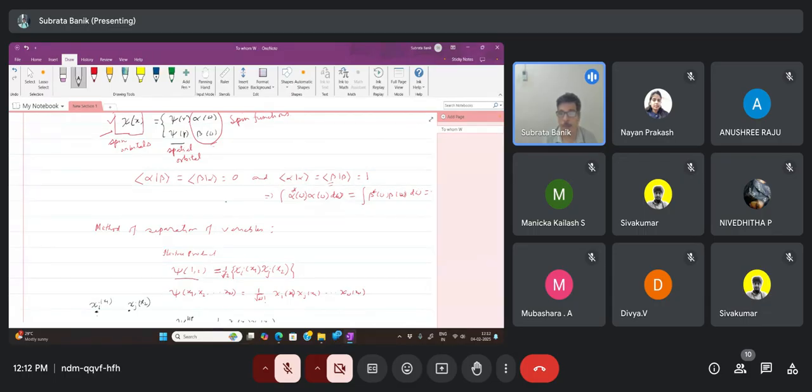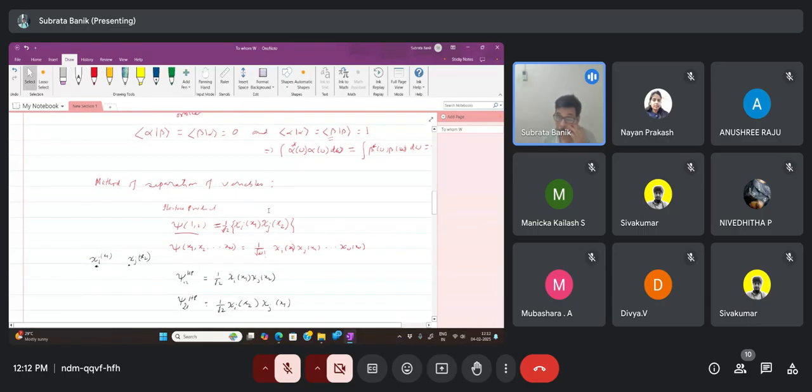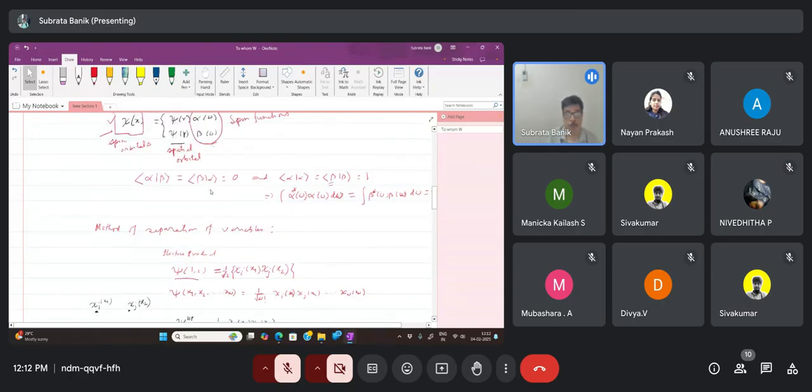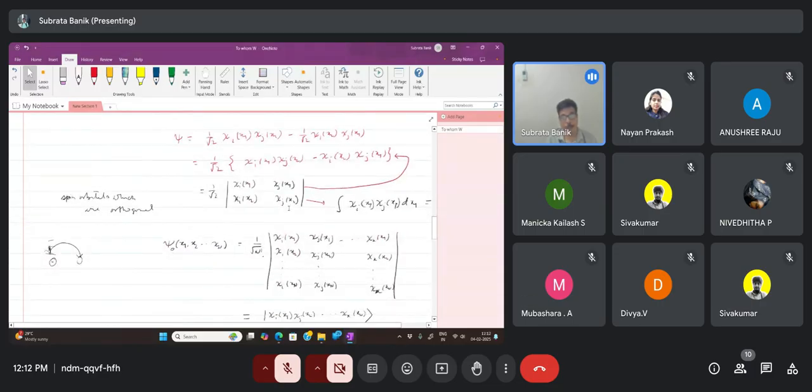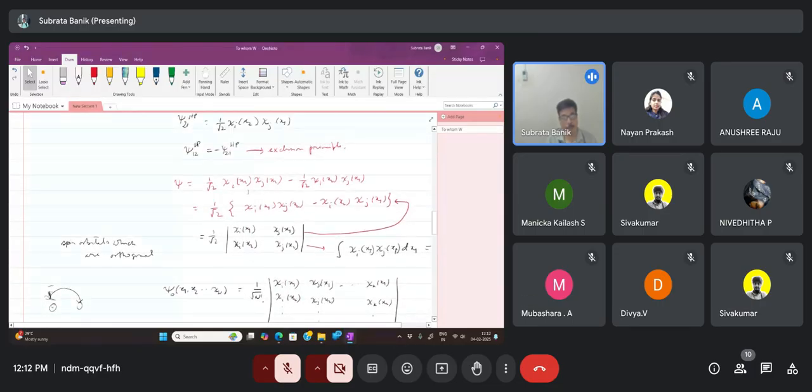So when we write that chi i chi j equals delta ij, it means that the two spin functions alpha and beta are orthogonal to each other. Right? So from there we have written a determinant. This is the Hartree product. We have seen that the Hartree product gives reasonably good results, but we have a problem.